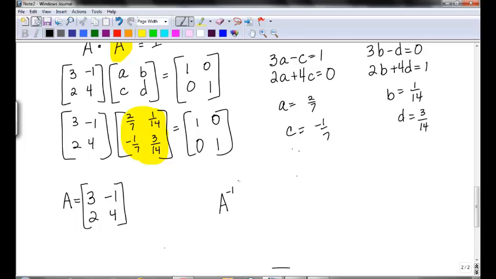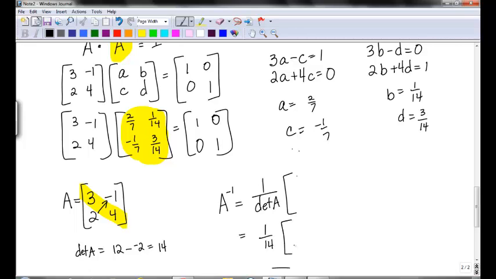It's always 1 over the determinant of A. So first, what's the determinant of A? Multiply down the diagonal to the right, that would be 12, and subtract the product coming back up. So subtract a -2. So the determinant would be 14, right? It's always 1 over that. So it's 1 over 14.